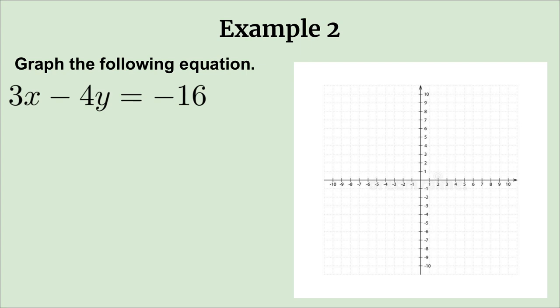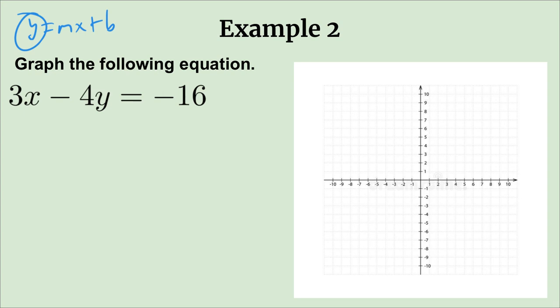Number 2. So we want to graph this equation, but we need it in slope-intercept form, which remember is y equals mx plus b. The last two problems were already in that form, so we don't have to do anything. So here we're going to solve for y, which means get y all by itself.